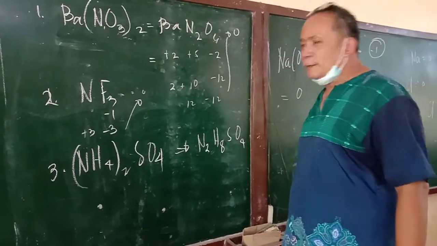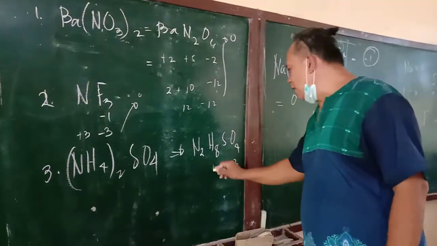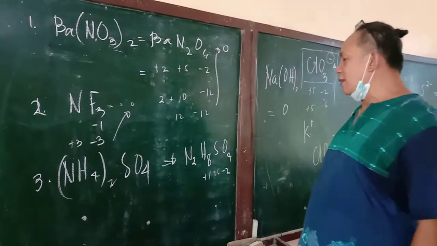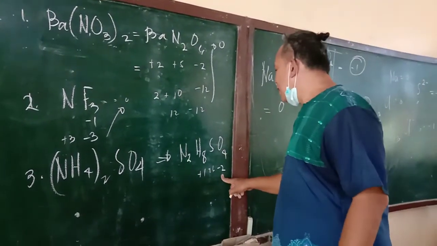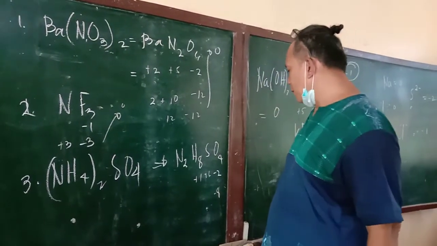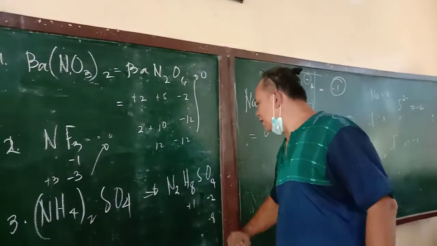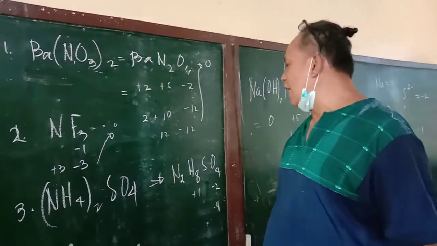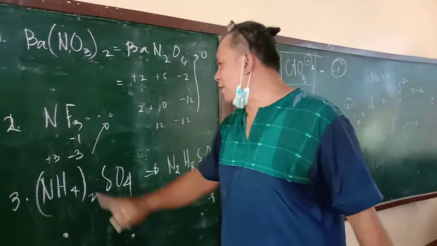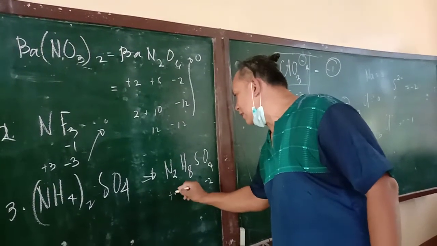In the case for this, isulat ta, N2H8SO4. Again, oxygen negative 2. Hydrogen, positive 1. Sulfur, positive 6. Okay. This is negative 2 times 4, negative 8. Ang nitrogen, mahimo siyang positive 5, pwede pod siya negative 3.